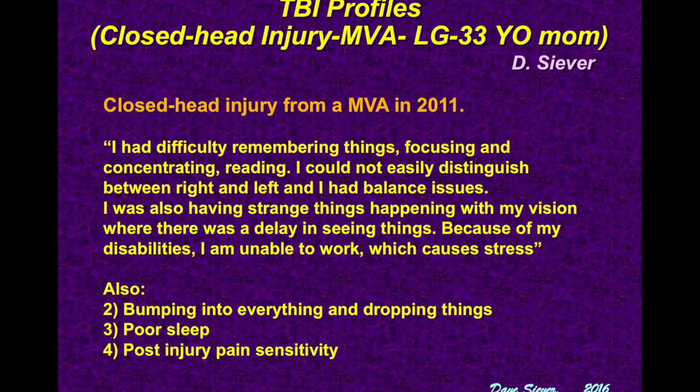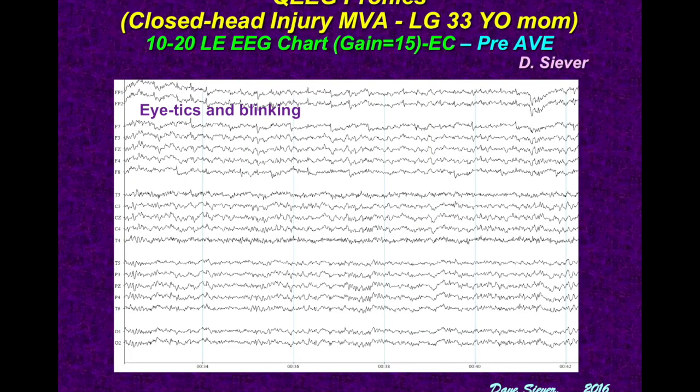She also had issues bumping into everything and dropping things. She had poor sleep, which everyone has, and was very focused on pain issues with her body, which resolved completely a few weeks after entrainment. A lot of her pain was because of the fact that she was obsessing on it. Now, look at her record here again.